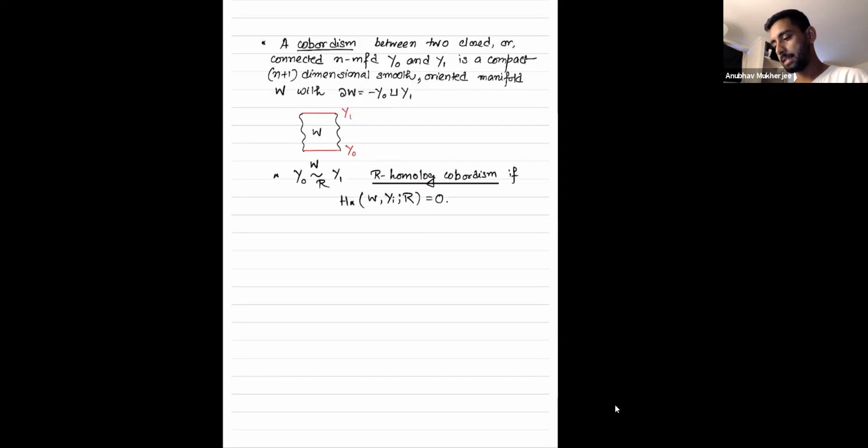We call this an R-homology cobordism if the relative homology with R coefficients vanishes.